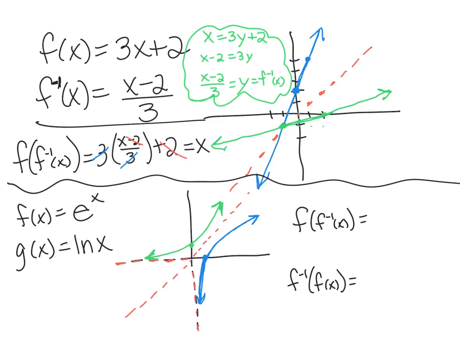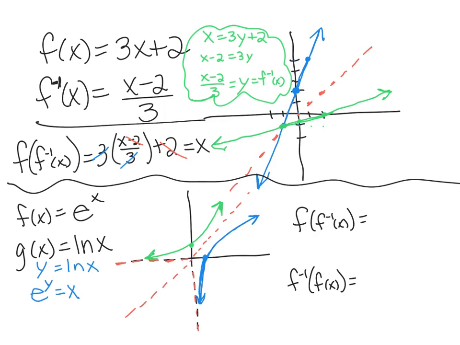This guy right here is called the natural logarithm, and it asks what exponent will make e equal this. So if I rewrote that in an inverse kind of way, y equals the ln of x means that e, the log equals the exponent.